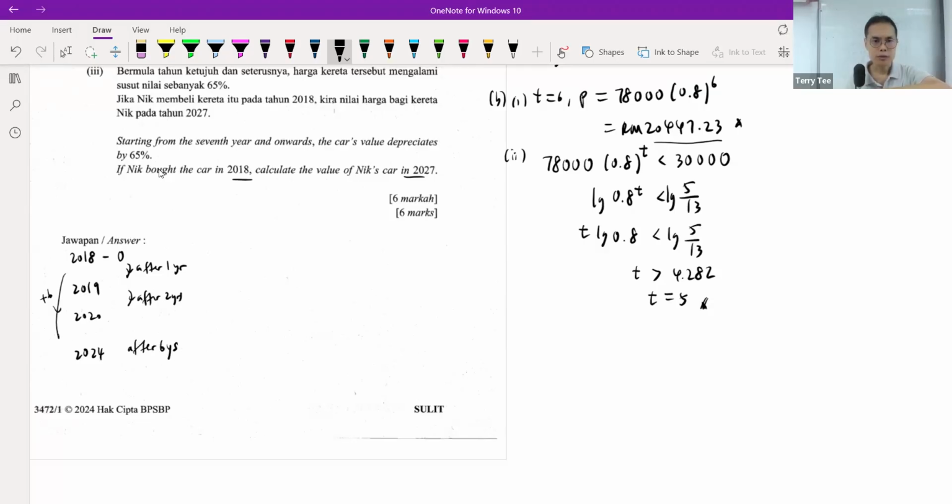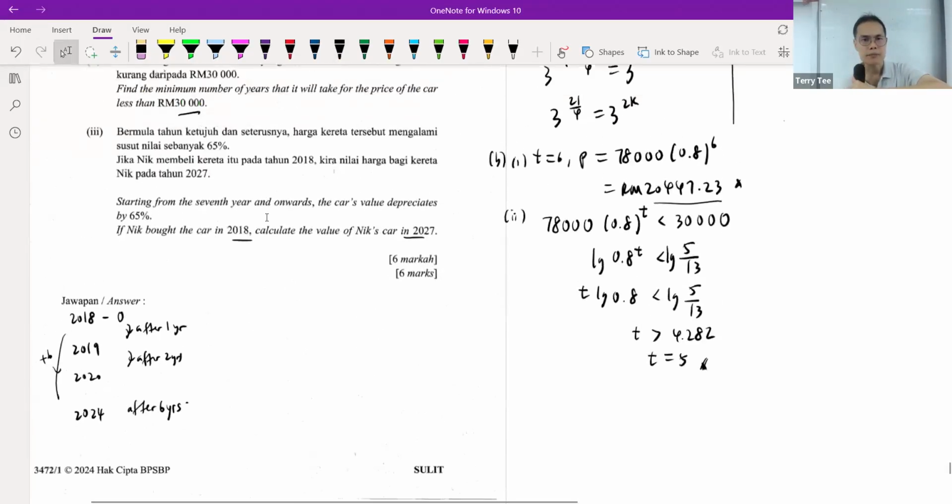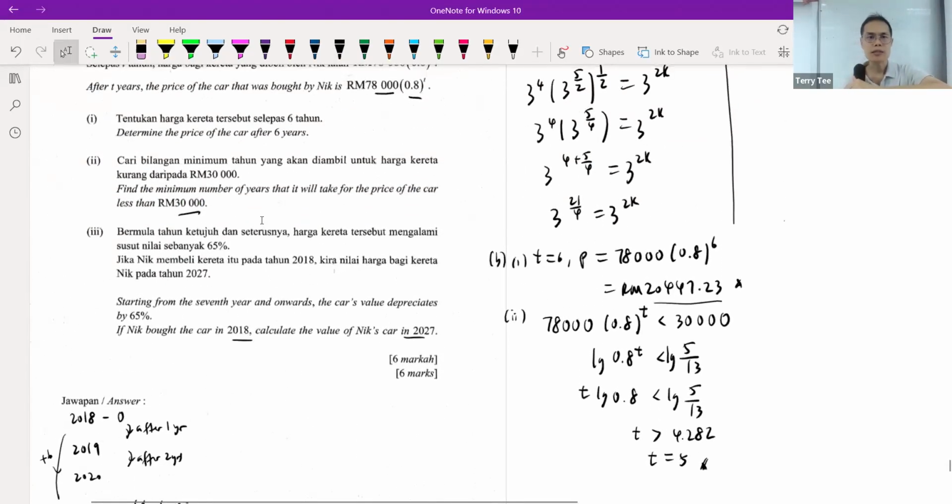I need to do this because the first 6 years follow this formula, but from the 7th year onwards it follows a different formula, which is a drop by 65%.